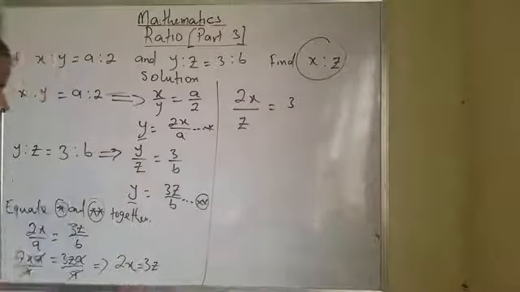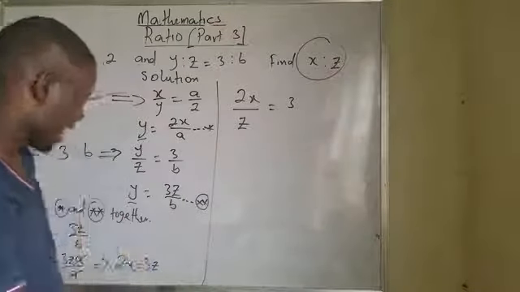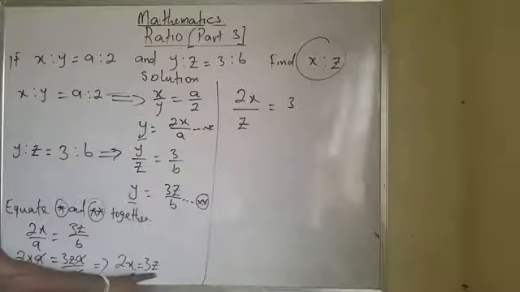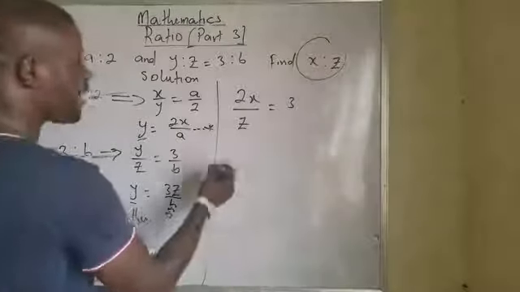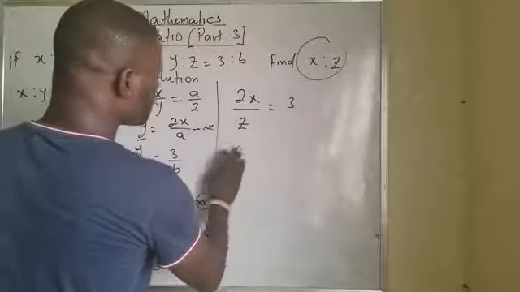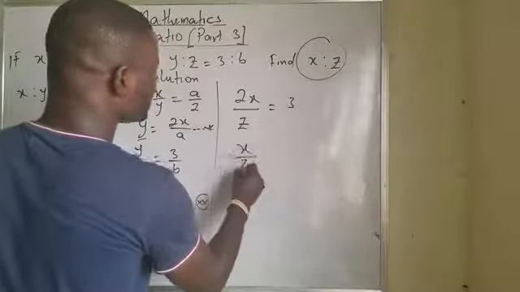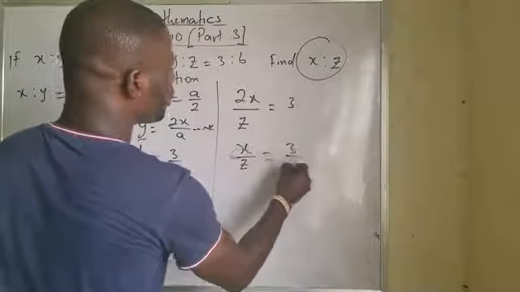Now, what did I do there? Just for those that are still learning, I divide both sides by z. I can also redivide, having 2x all over z equals 3 all over 2.